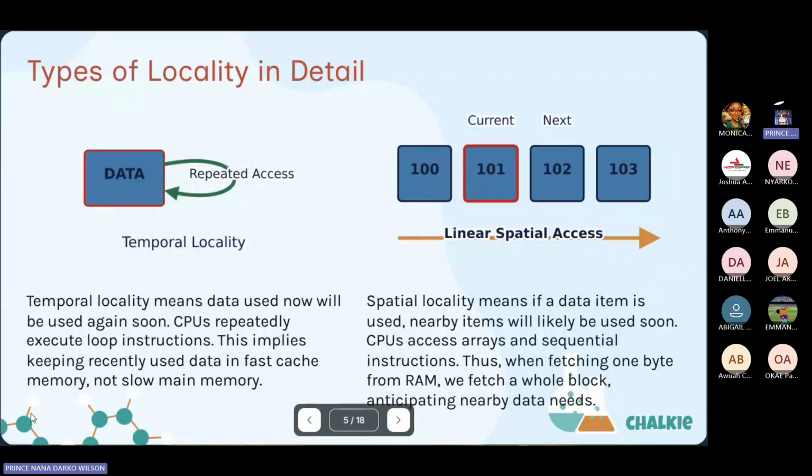Now, temporal locality in further detail: temporal locality means data used now will be used again soon. The central processing units repeatedly execute loop instructions. This implies keeping recently used data in fast cache memory, not slow main memory.